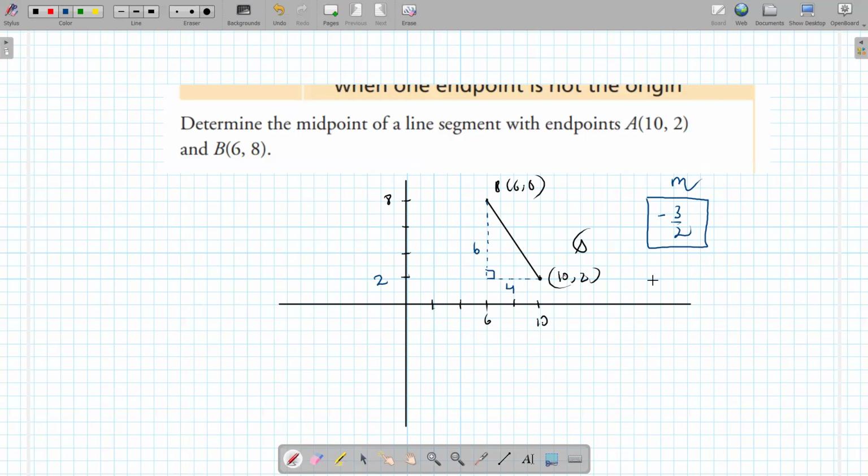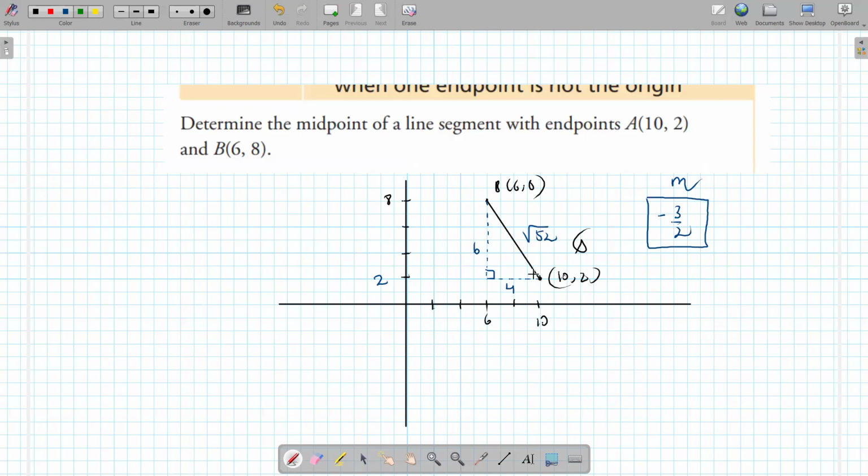How do we find the hypotenuse? Pythagorean theorem. Right, so it's going to be 36 plus 16. That's going to be the square root of 52. Now that's the entire distance from A to B.